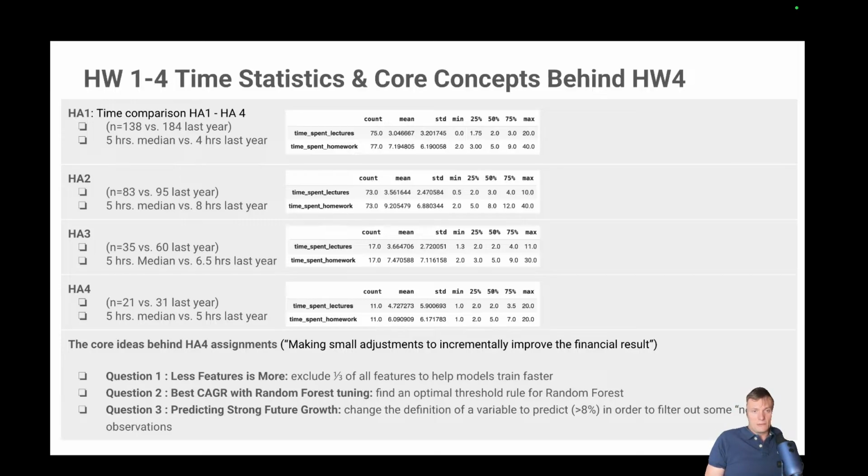The second idea was to use a random forest model and find the best average growth for the random forest model.